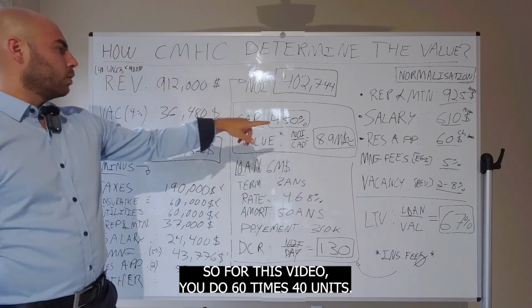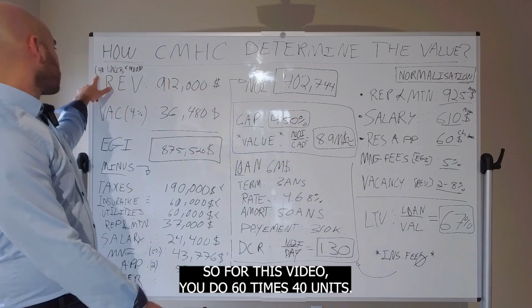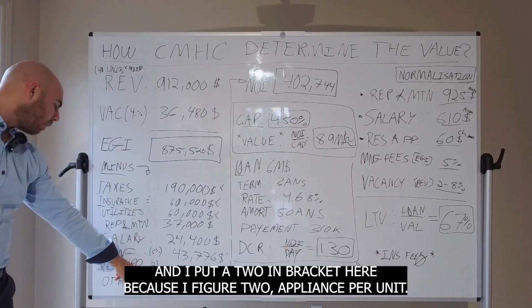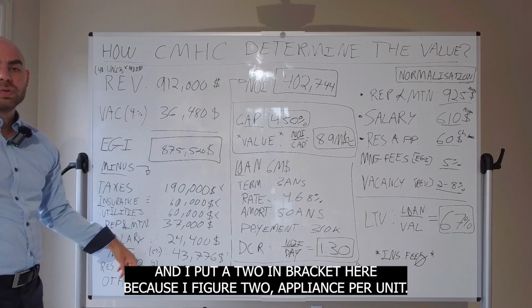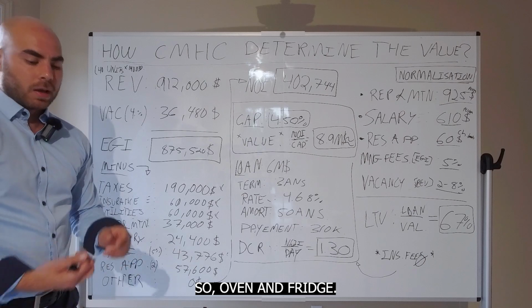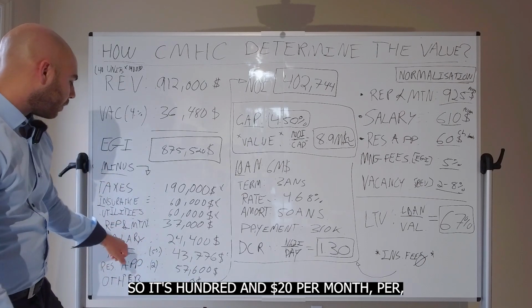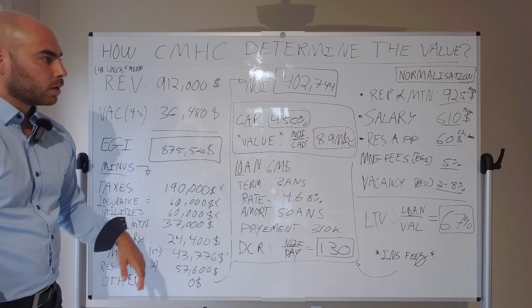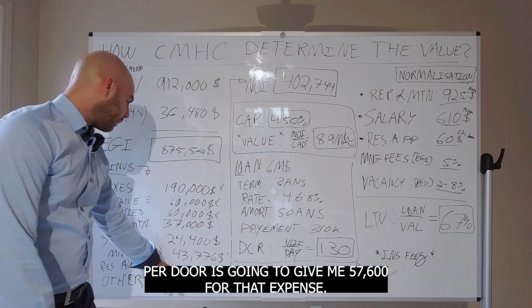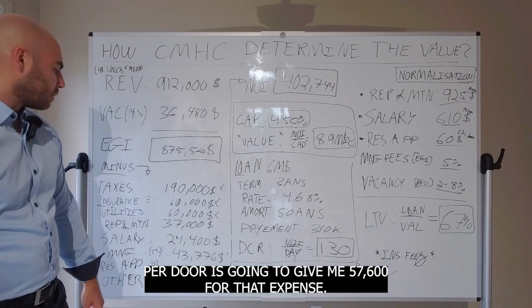So for this video, you do 60 times 40 units, and I put a 2 in brackets here because I figured 2 appliances per unit, so oven and fridge. So it's $120 per month per door. It's gonna give me 57,600 for that expense.